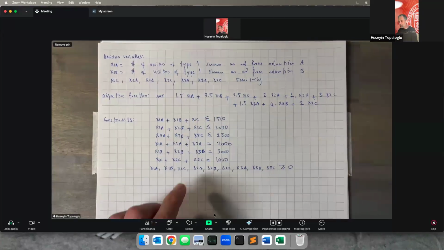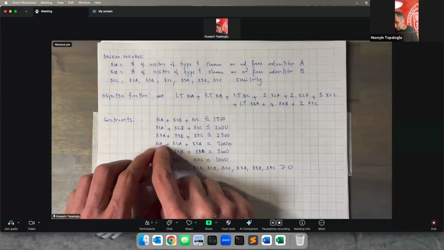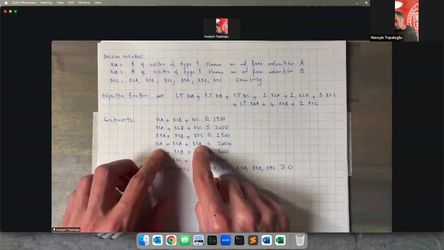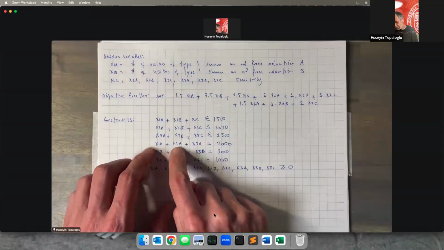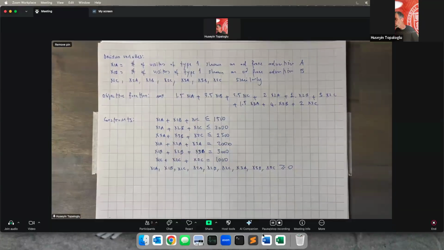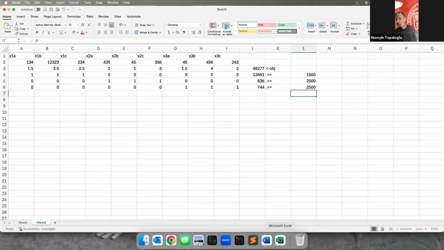Okay. So now we're going to start inputting the fourth constraint. In this constraint, x1a, x2a, and x3a appear with coefficients of 1, and no other decision variable appears. And if you don't want to put the zeros explicitly, if you leave some entries empty, Excel is going to interpret those empty entries as 0 as well.